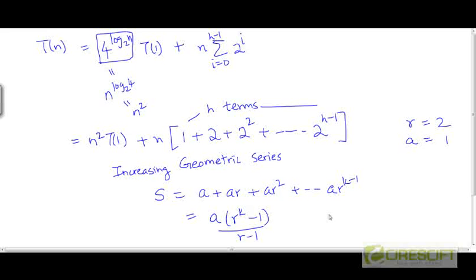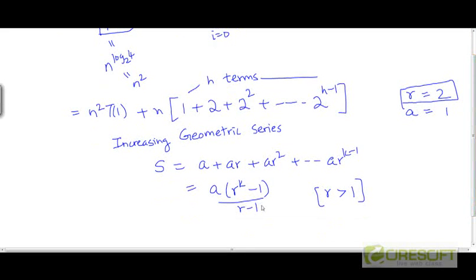And we write the formula this way when the value of the common ratio r is greater than 1. Otherwise we write it as a times 1 minus r to the power k divided by 1 minus r. So in this case the value of the common ratio is 2, so r to the power k minus 1 and r minus 1 will be positive.